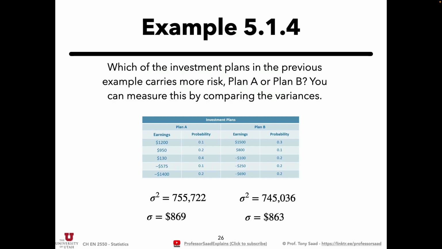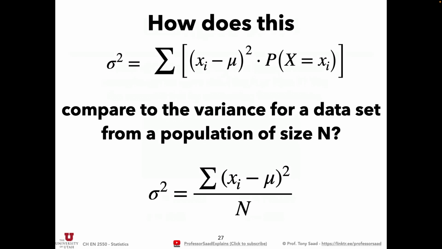Now, I do have a question for you to think about. You might not have the answer right now. I'm still thinking about this as a homework problem or an exam problem, or you might be able to just answer it right now. So remember how I mentioned the previous formula for variance, where we had just data, a lot of data, and we defined the variance, and assume you had a census.